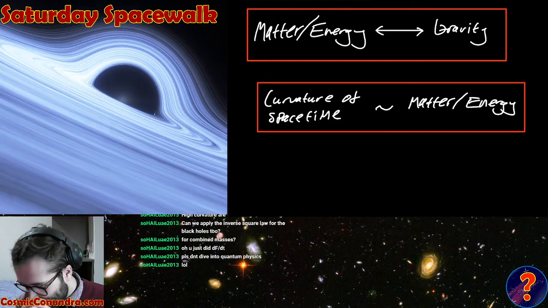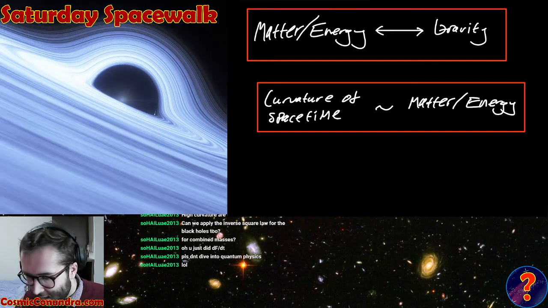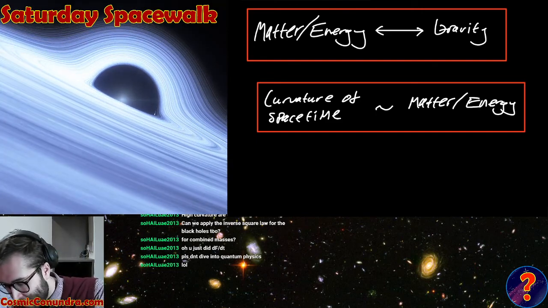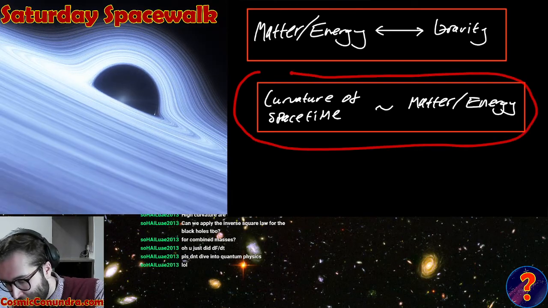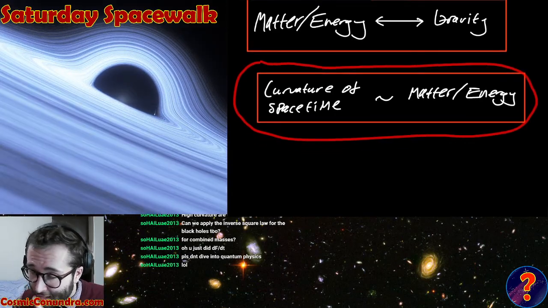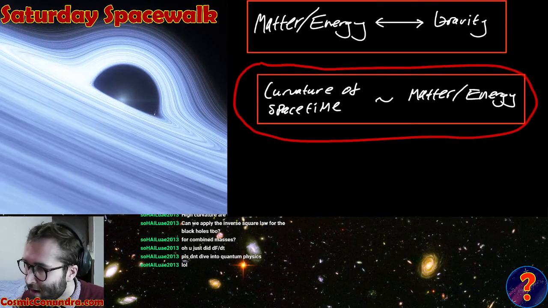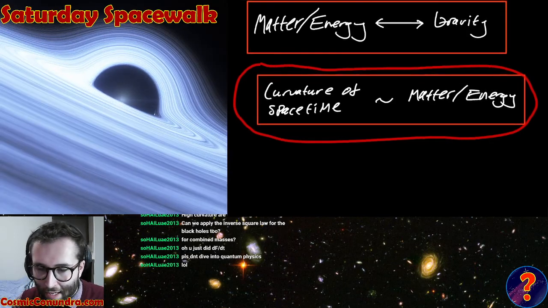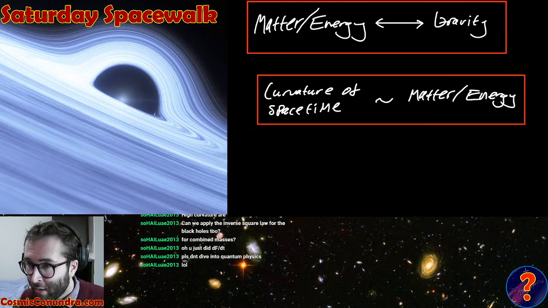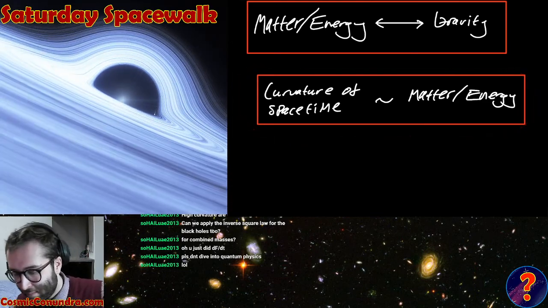Okay. So how can we make this mathematics more concrete? At the moment, we have a schematic form of what will become Einstein's field equations. We have that the curvature of spacetime should in some way be linked to the matter and energy distributions within the spacetime. Okay.